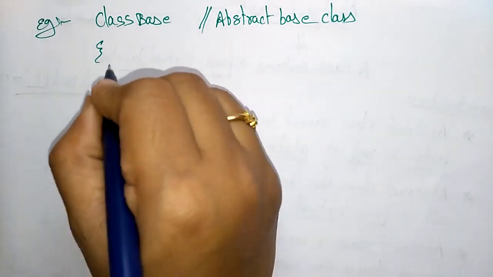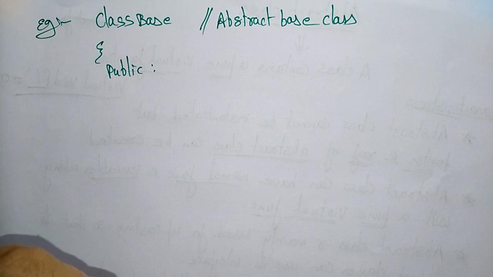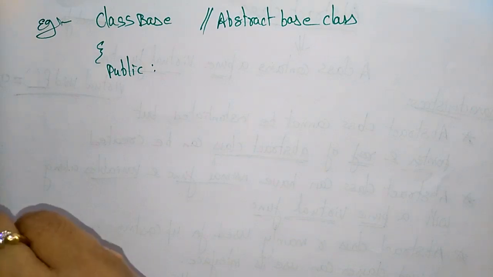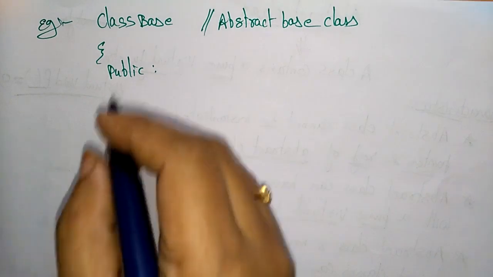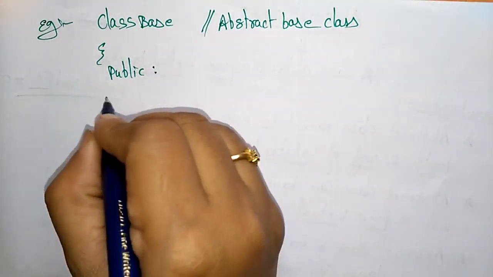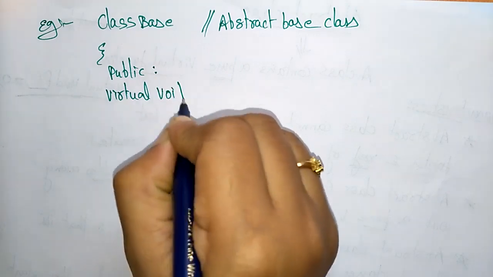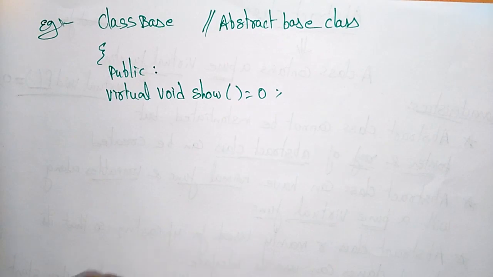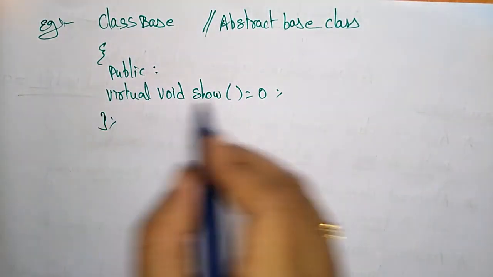Now start with public. What I said is, in the abstract class you can create functions and declare variables, but the pure virtual function cannot have a definition. So under public, I am creating the pure virtual function, virtual void show. So this is the pure virtual function.